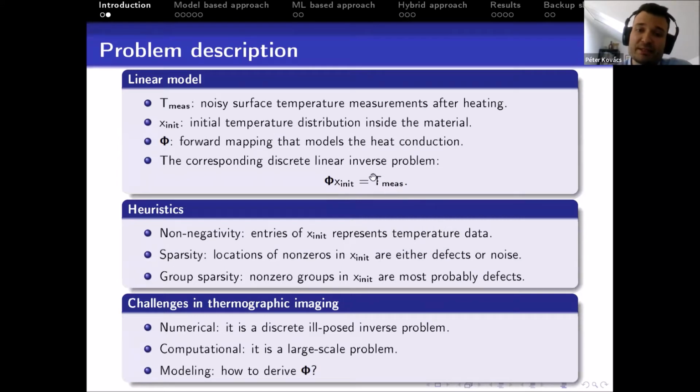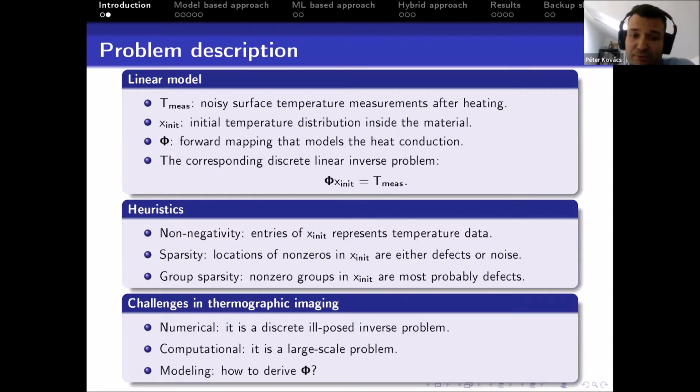And on the right side, T measure is a vector or a matrix that includes all the surface temperature measurements. And during the reconstruction, the goal is to retrieve the initial temperature distribution that is denoted here by X init.